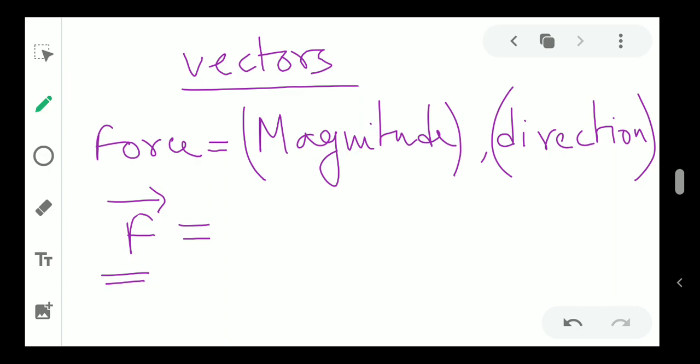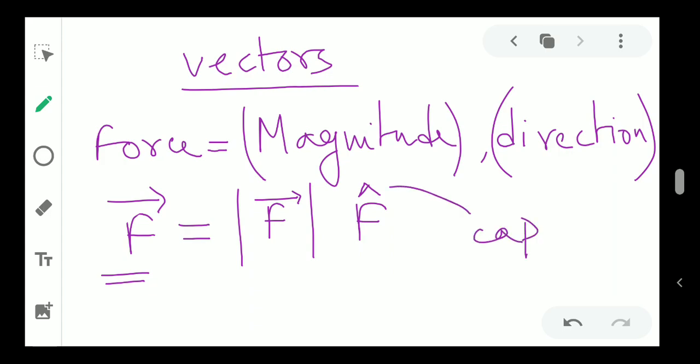The vector quantity is having a magnitude, and that is shown with this modulus sign or symbol, and the direction is shown with this sign. Now what is this? This is called cap. This small thing is kind of a cap, and that's why it's called cap.